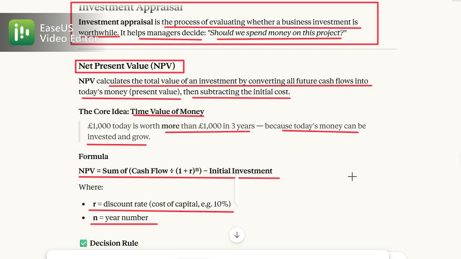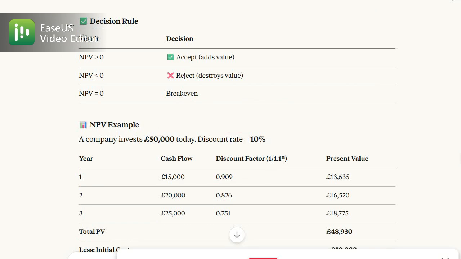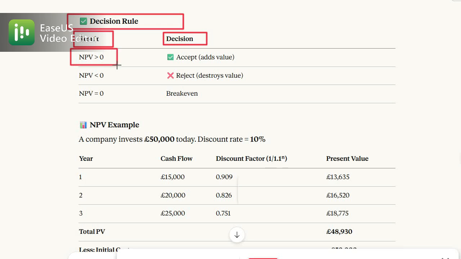Now here we have a golden rule, a rule of decision. If NPV is greater than 0, then you accept the project because it adds value.